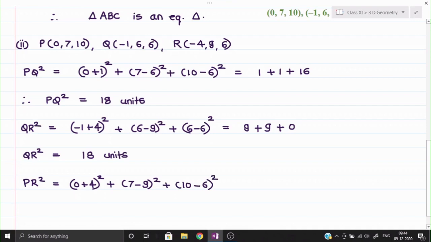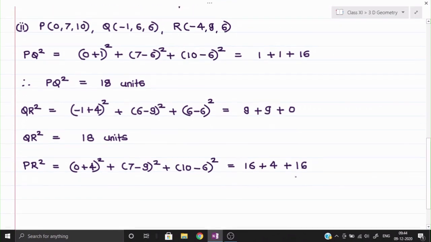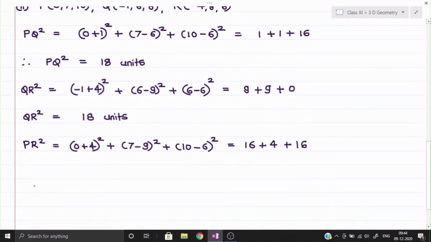Now if we solve it further, the first one can be 16, the second one can be 4, and the third one can be again 16. So 16 plus 4 is 20, and 20 plus 16 will become 36. So the square of PR will be equal to 36.